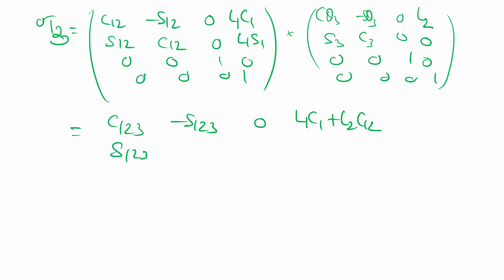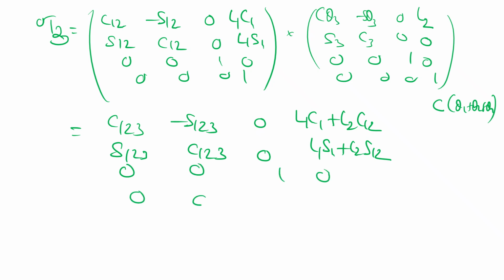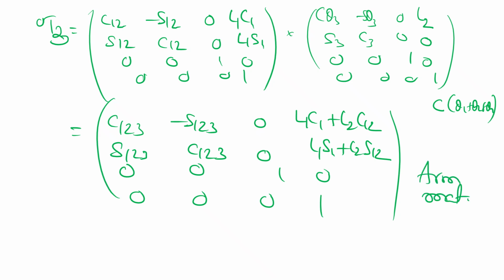The next row is S123, C123, 0, L1 S1 plus L2 S12, where C123 means cos of (θ1 plus θ2 plus θ3). Then 0 0 1 0 0 0 0 1. That's all. This is your matrix. Here is my x value, here is my y value, and this is 0 because it is a planar manipulator. So this is the matrix of the 3R manipulator.